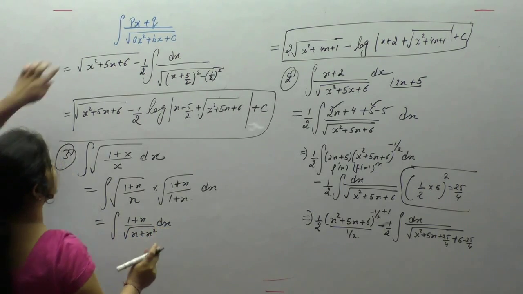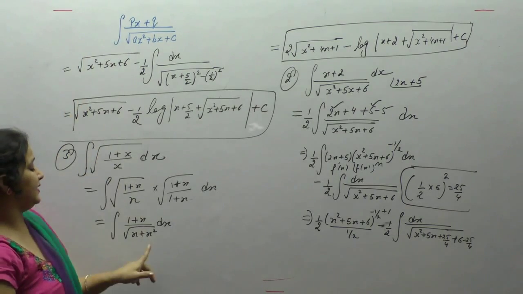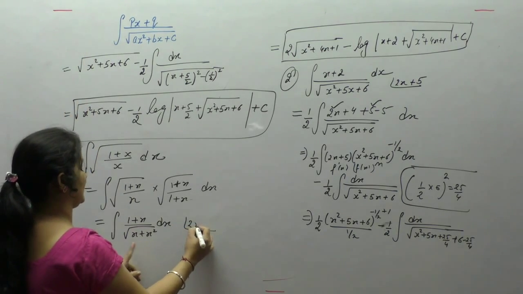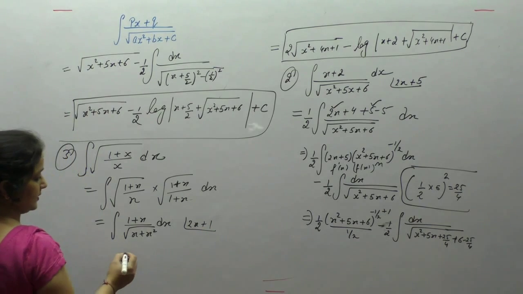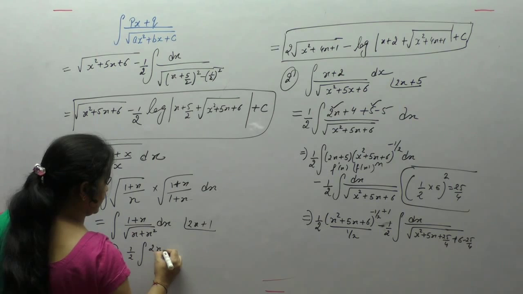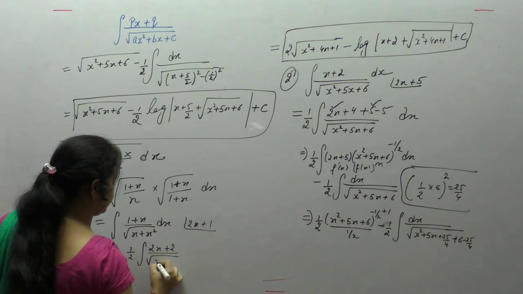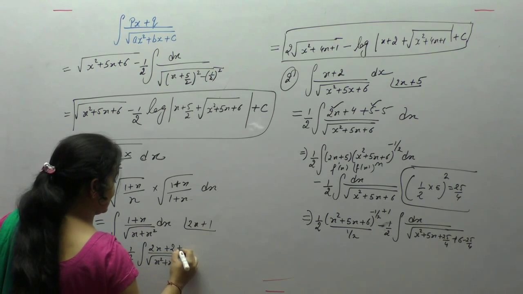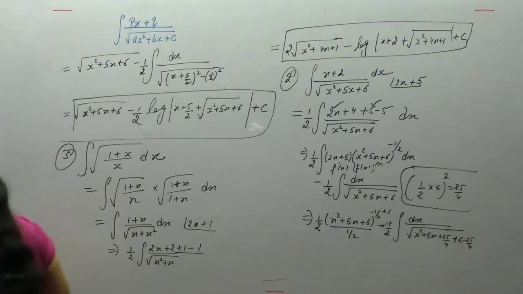Now we have this type of integral. Derivative of x square is 2x and derivative of x is 1. Multiply and divide by 2 first: 1 by 2, 2x plus 2. Now add and subtract 1 here.